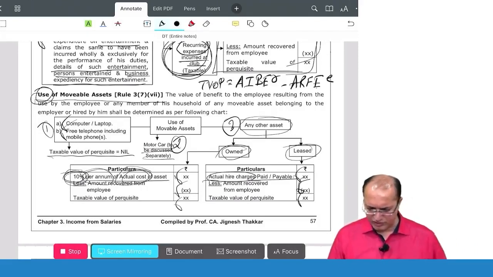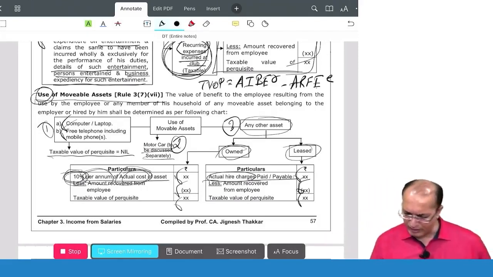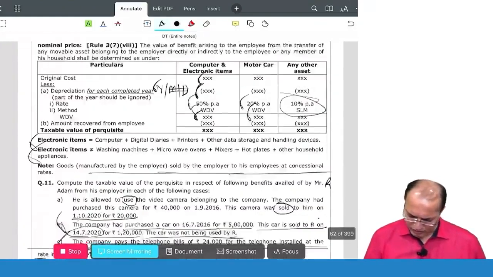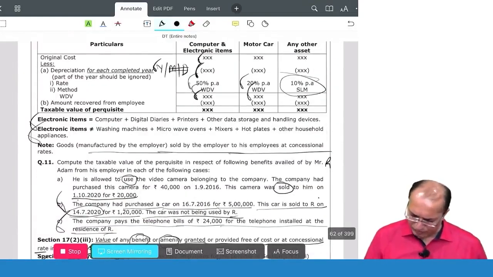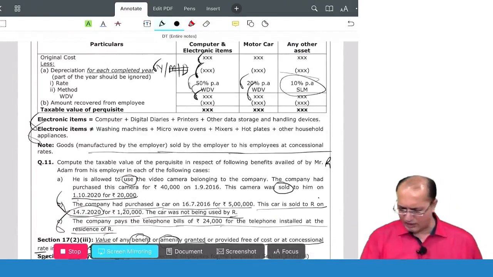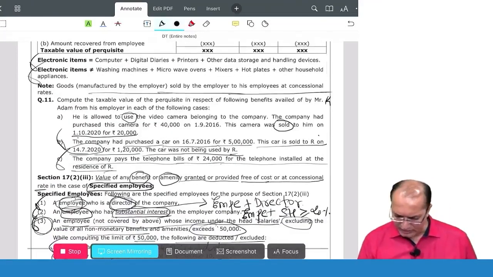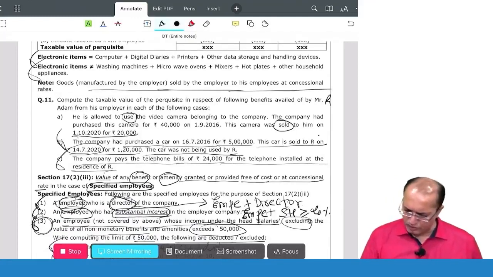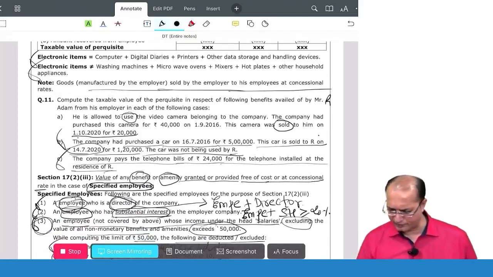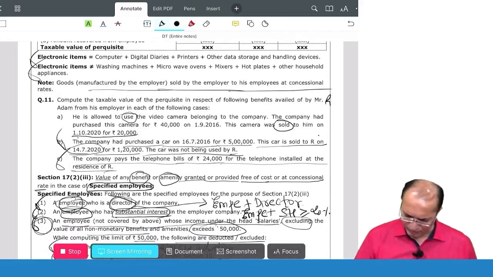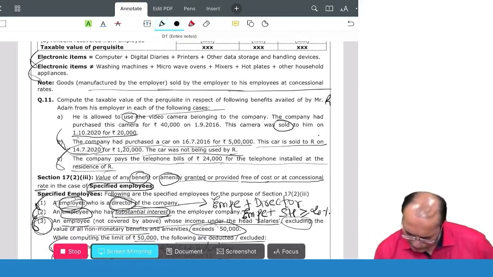So 4,000 times 6 upon 12 will give you 2,000. So that 2,000 is the perquisite value for using the camera for 6 months. Have you understood this? For this use, perquisite value is 2,000.